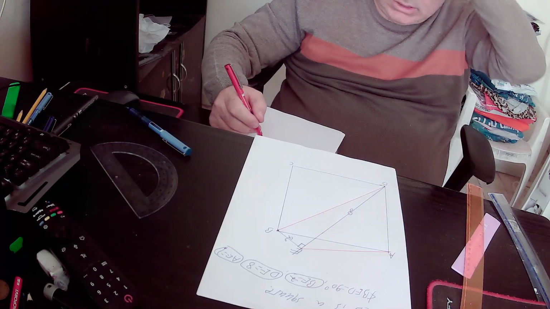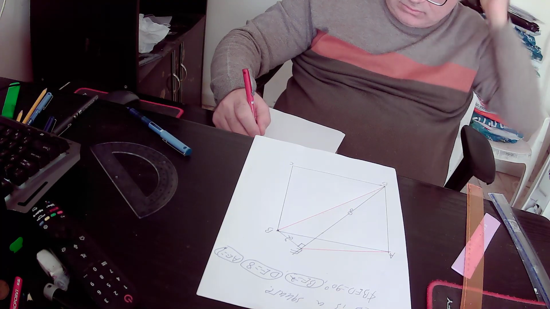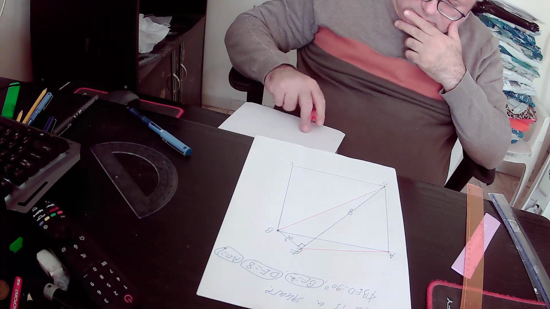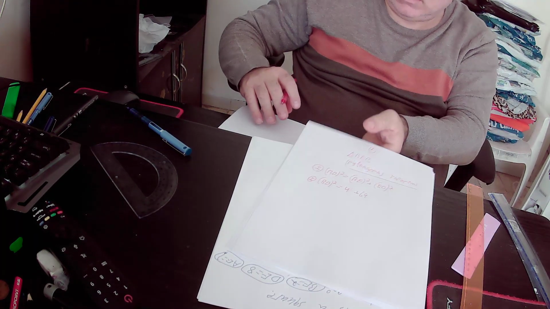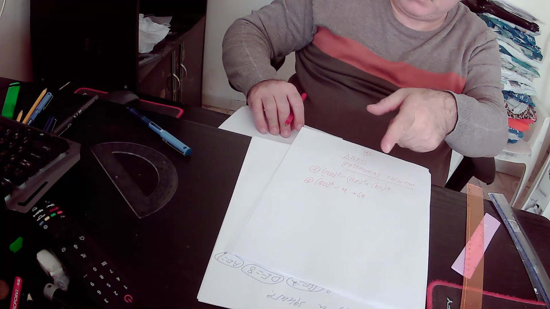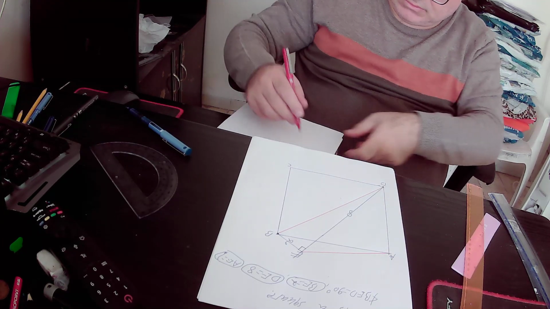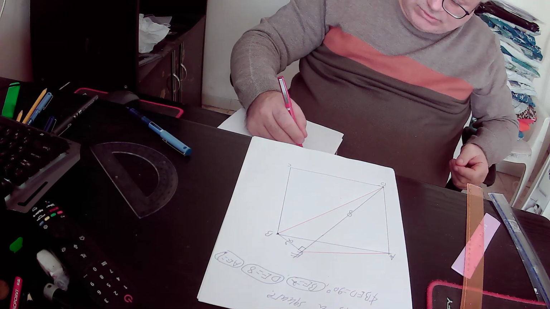DE equals 8 units, so DE squared is 8 squared, which is 64. So in total we got that BD squared equals 4 plus 64, which is 68. So we found out that BD squared equals 68.